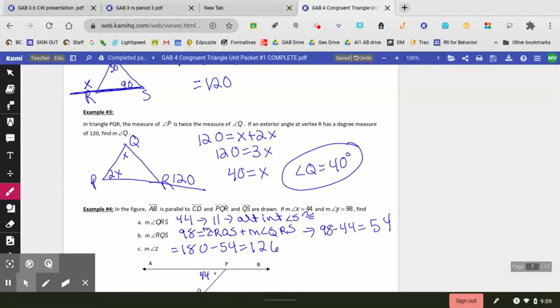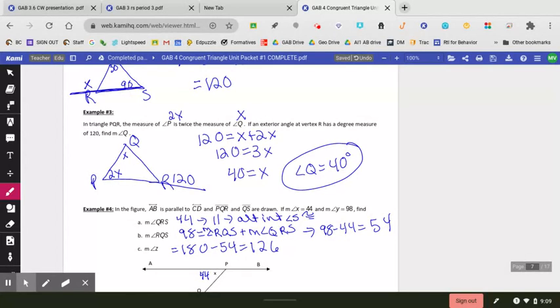Okay, so hopefully you paused. In example 3, the first thing I did was draw a triangle PQR, and then it says P is twice the measure of angle Q. So I decided that Q would be x, which means P is 2x. I didn't write a let statement, but I labeled it in my diagram. That's the same thing as a let statement.